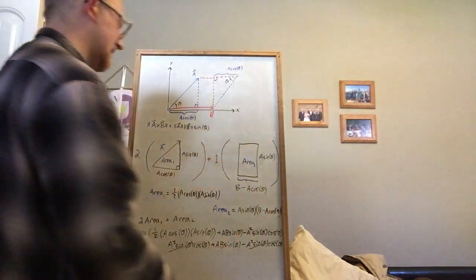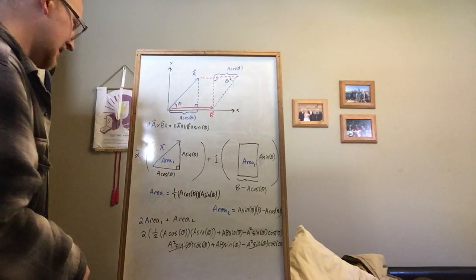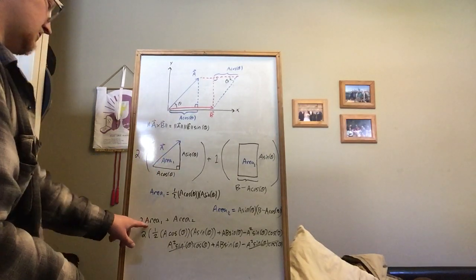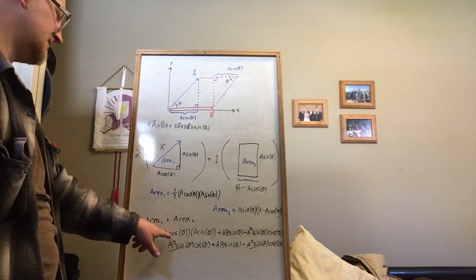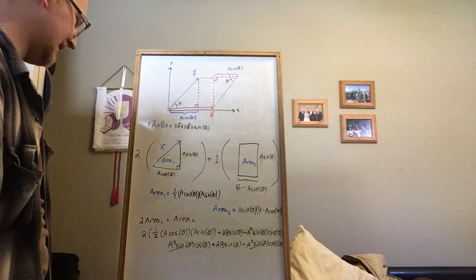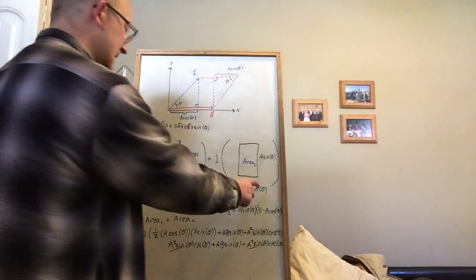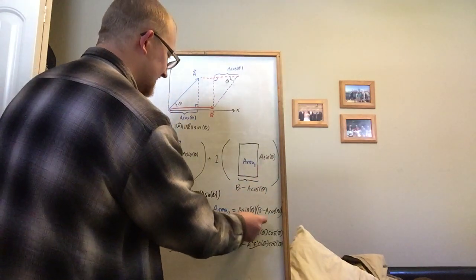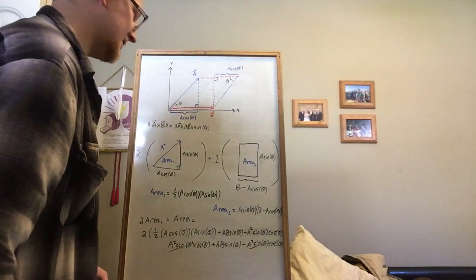Now there are 2 of these triangles, so 2 area 1s means 2 times 1/2 times A cosine theta times A sine theta, and the 2 and the 1/2 cancel. Whereas on this side, I have to distribute my A sine theta to my B, and my A sine theta to my minus A cosine theta.